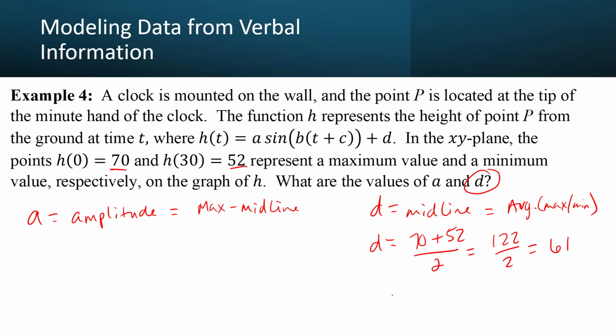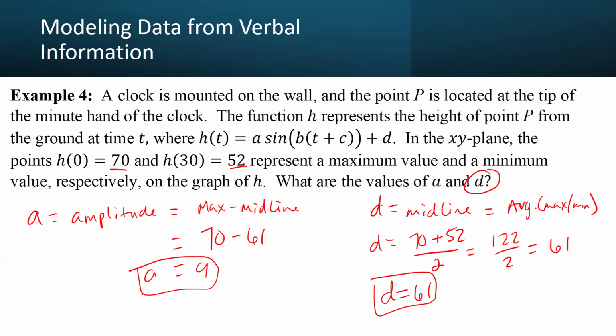So now I know the value of D. Can I now solve for A? Yes. What is my max value? 70. What is my midline? 61. So what is A? A equals 9. Good job.